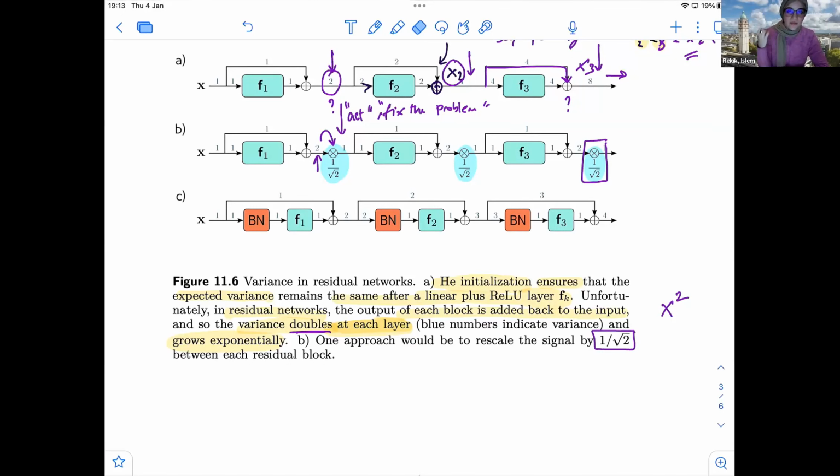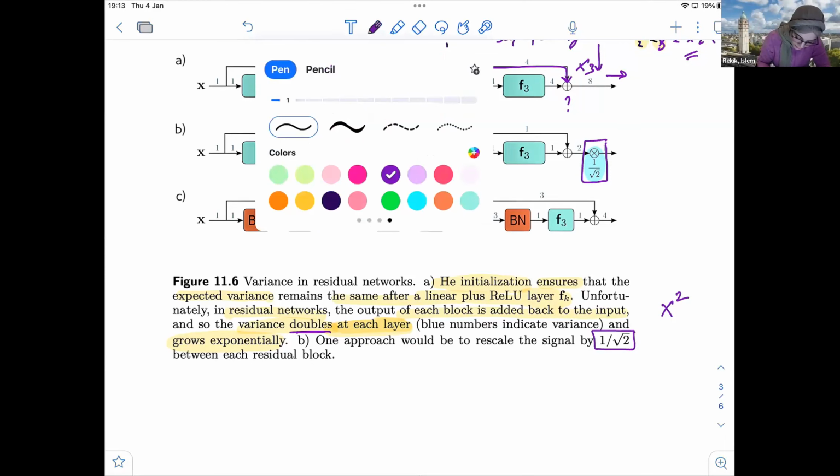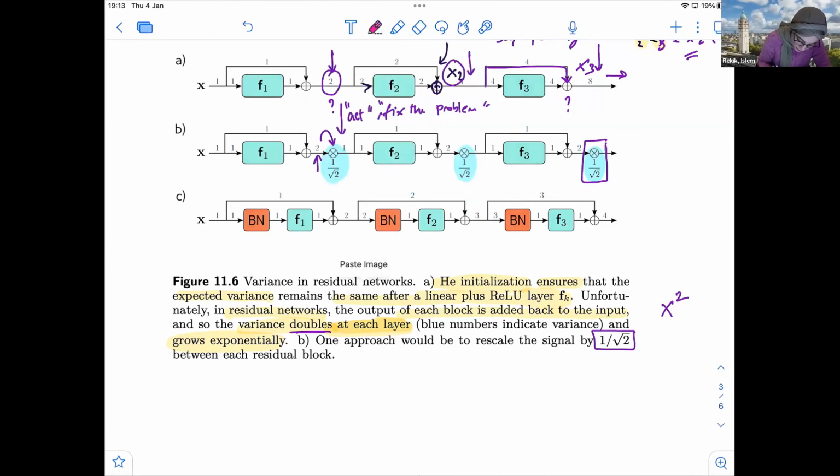So batch normalization is fundamental for all networks, in particular residual networks or residual blocks. So within a residual block like this, it is very important to add a batch normalization before your ReLU and before your linear layer. Okay, so you normalize the data that is the output of the previous layer.